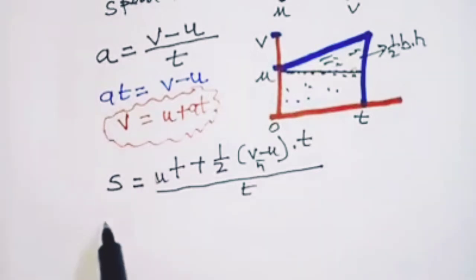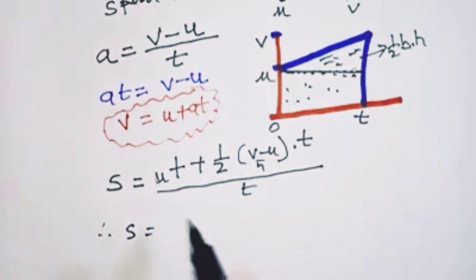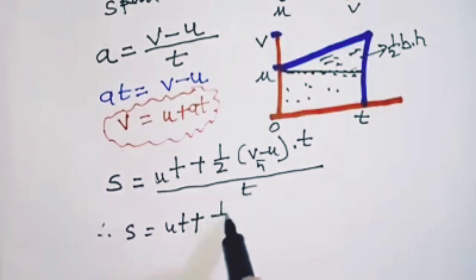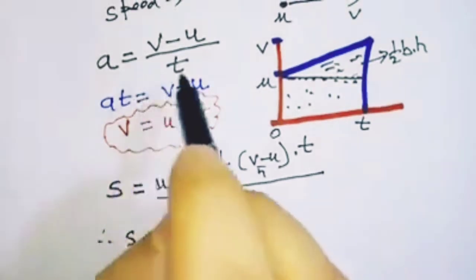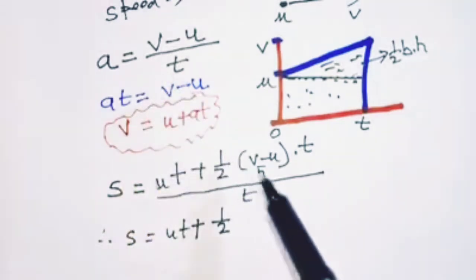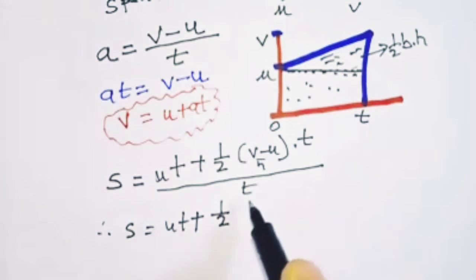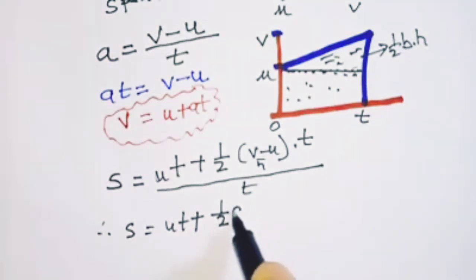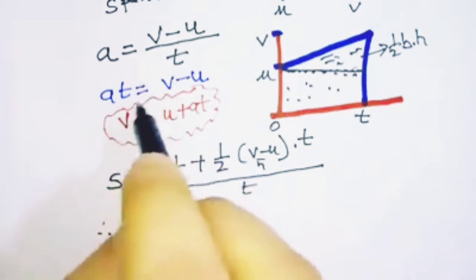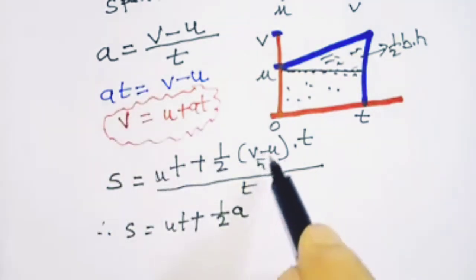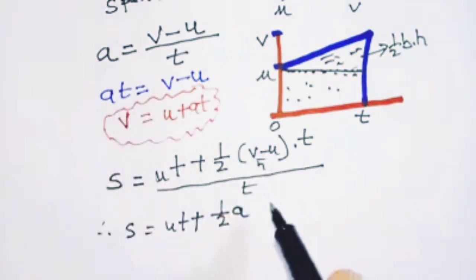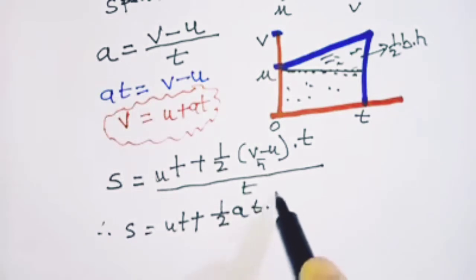So what I can do is write, therefore, S equals UT, and I substitute this part, plus half of, this one is what? V minus U by T, this is A, right? So I substitute this entire part by A. V minus U by T is A, and this part I am substituting by AT times T, right?